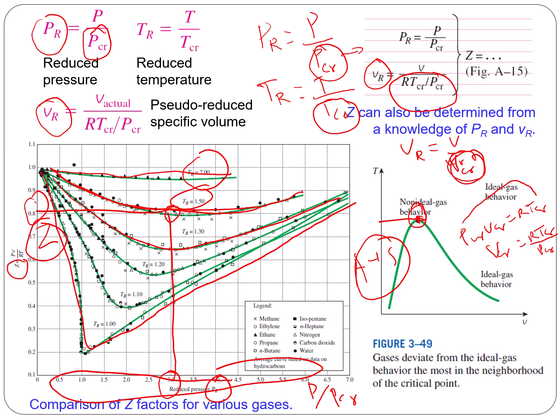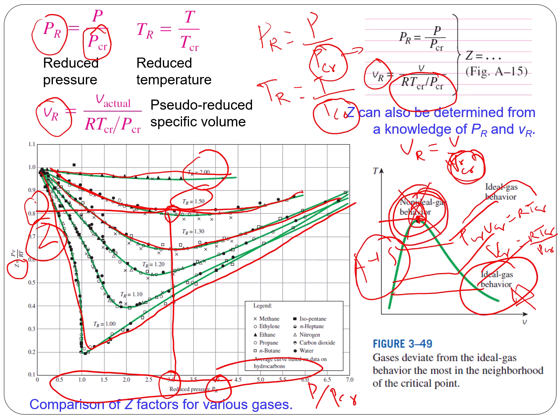And we discussed before as well, when the pressure is low, on this side, it always behaves as an ideal gas. If it is very close to the critical temperature and pressure, it does not show ideal behavior. So this point is very important.